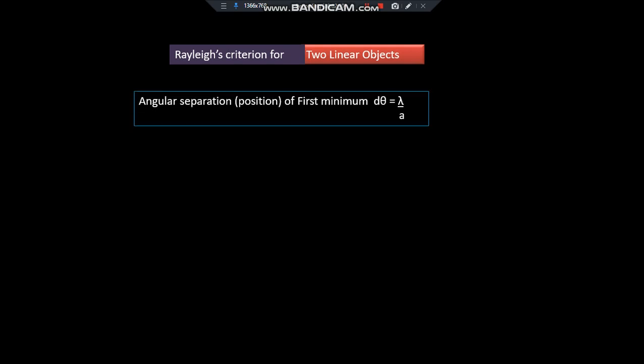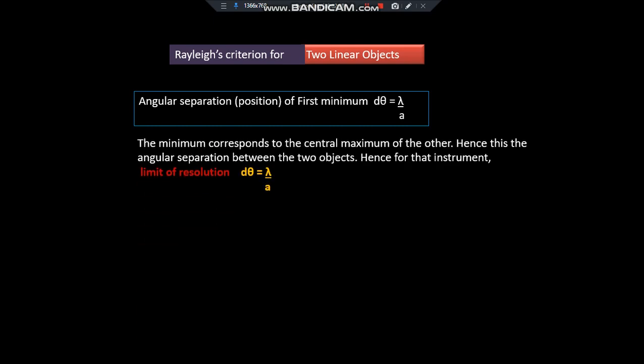Rayleigh's criterion for two linear objects. The angular separation or the position of the first minimum d theta is lambda by a, which we have already done before. The minimum corresponds to the central maximum of the other. Hence, the angular separation between the two objects, that is, the limit of resolution d theta for that instrument, will be lambda by a.